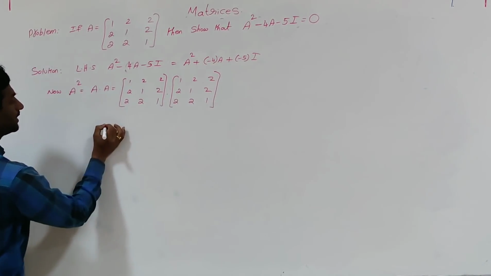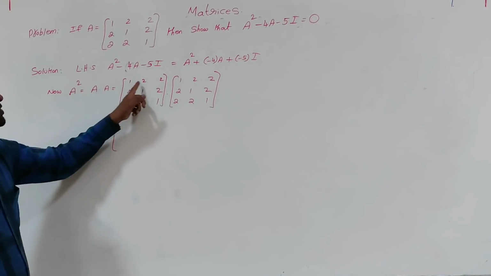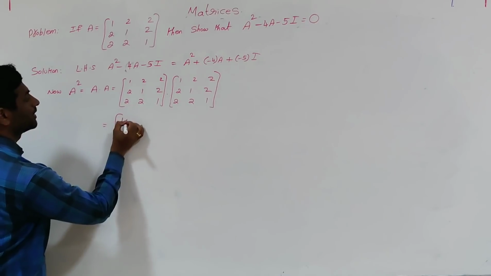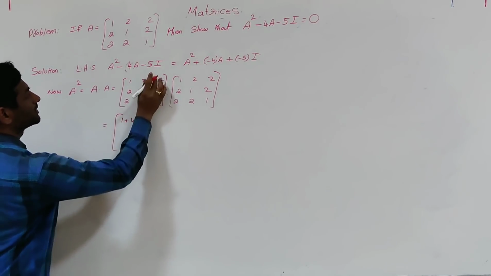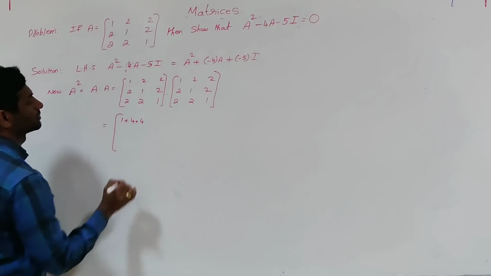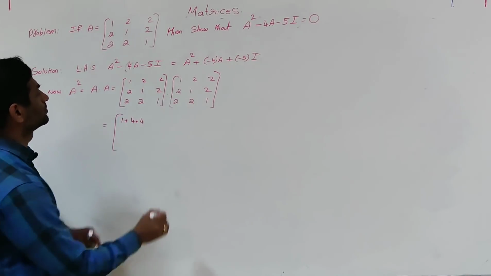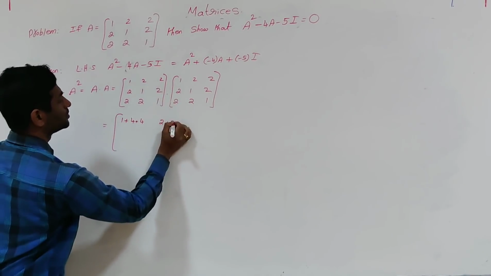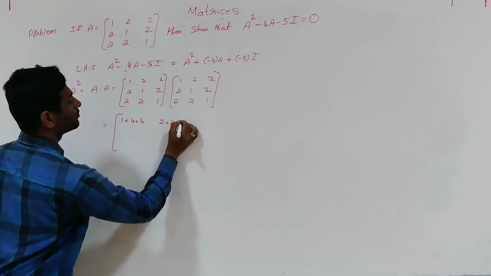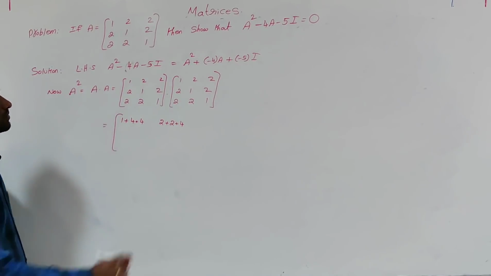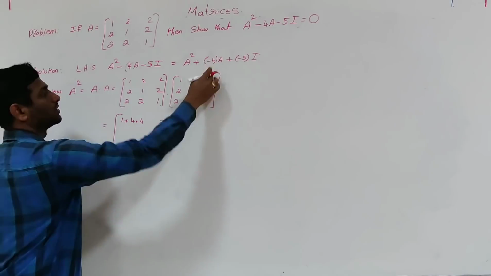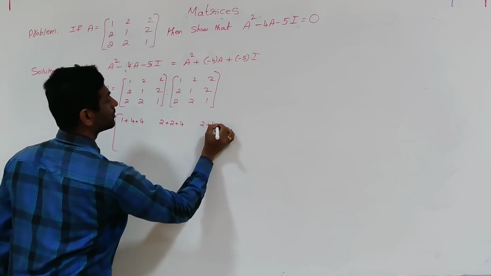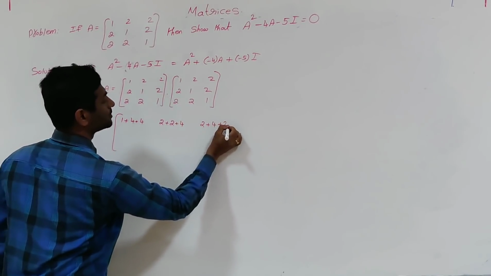So I am going directly, the first row element with first column: 1 into 1, 1, plus 2 into 2, 4, plus 2 into 2, 4. Next, 1 into 2, 2, plus 2 into 1, 2, plus 2 into 2, 4. Next, first row with third column: 1 into 2, 2, plus 2 into 2, 4, plus 2 into 1, 2.